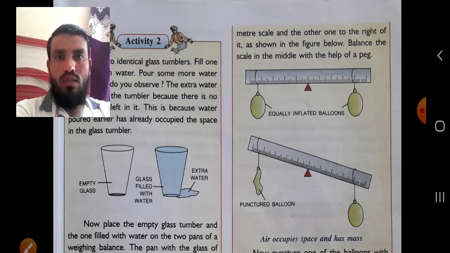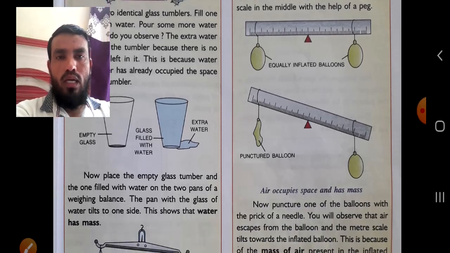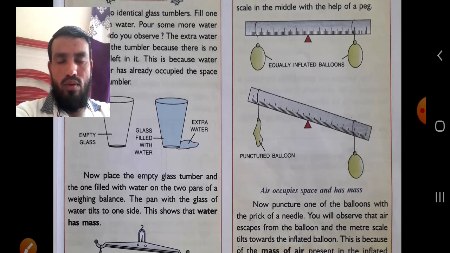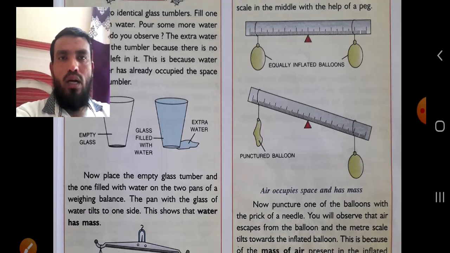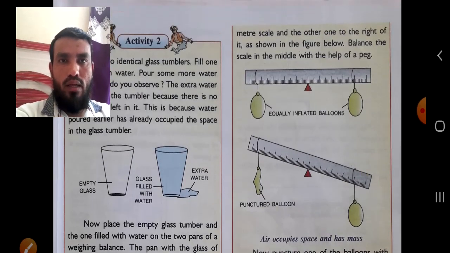What will happen? The extra water will come out of the glass; it will not settle into the glass. Why does this happen? Because there is no place in that glass; all the space is already occupied by the water. So whatever extra amount of water you add will come out. There is no space left.